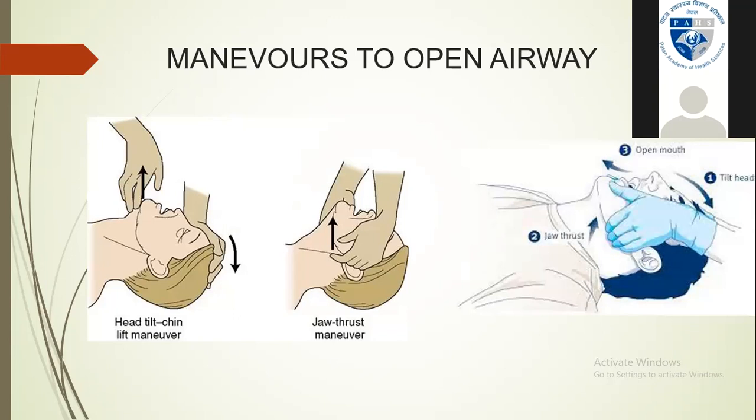Between these maneuvers, we should not do head tilt and chin lift in a patient with C-spine or cervical spine injury, as it requires movement of the cervical spine. So we have to identify a patient with C-spine injury and proceed with whichever maneuver is better.